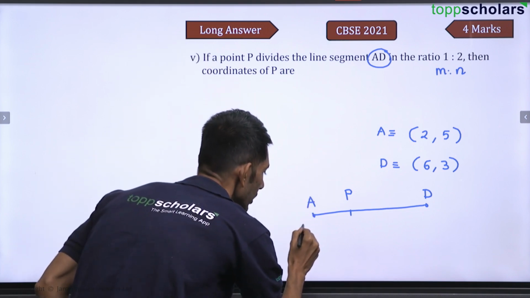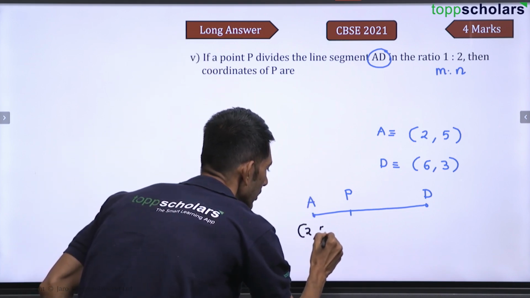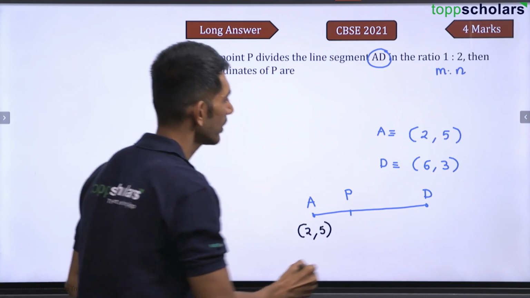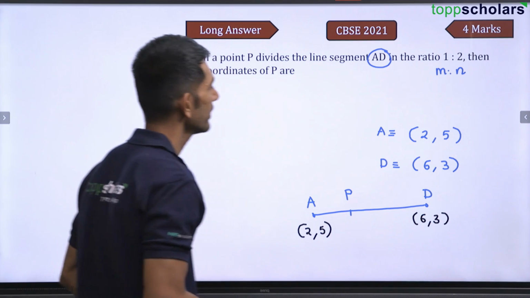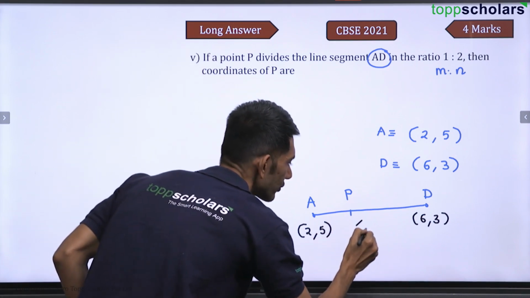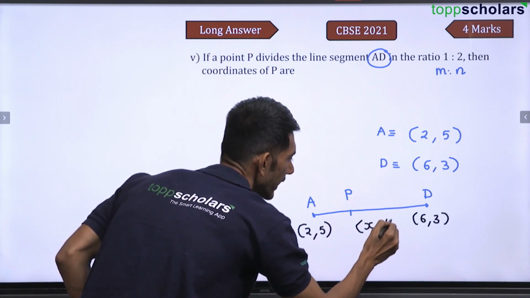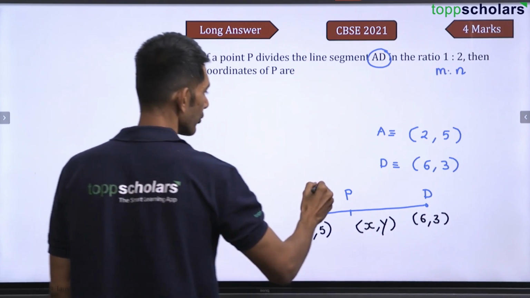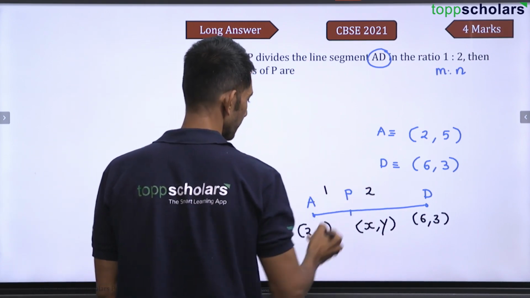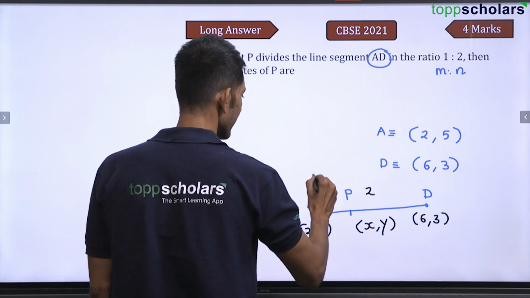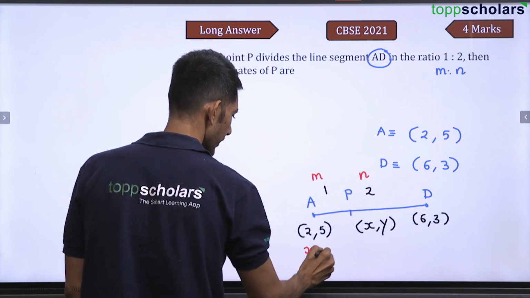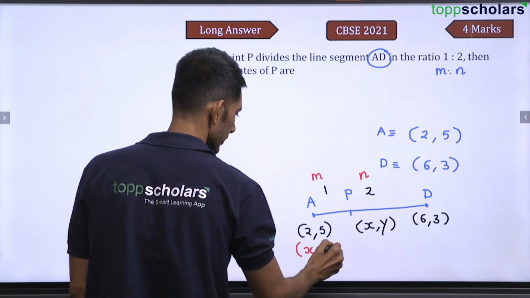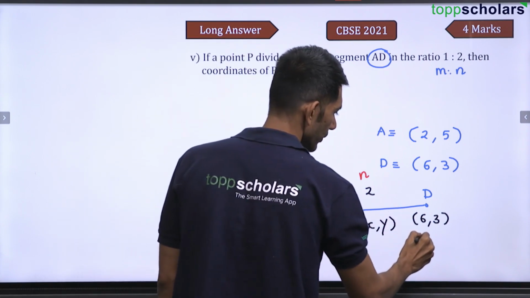So A is 2, 5. D is 6, 3. And this is x, y. What is the ratio? Ratio is 1:2. Correct? So I can say this is m, this is n, this is x1, y1, and this is x2, y2.